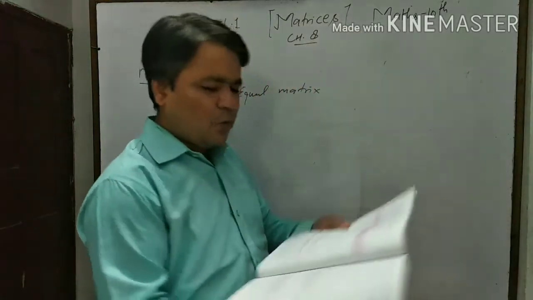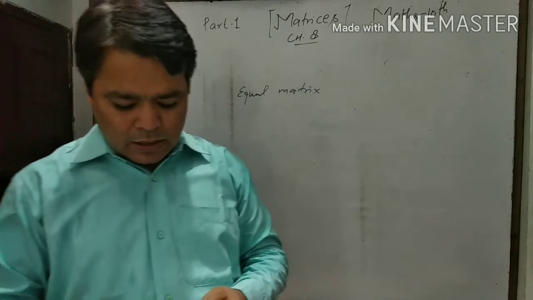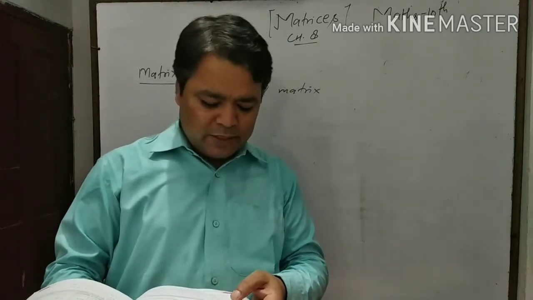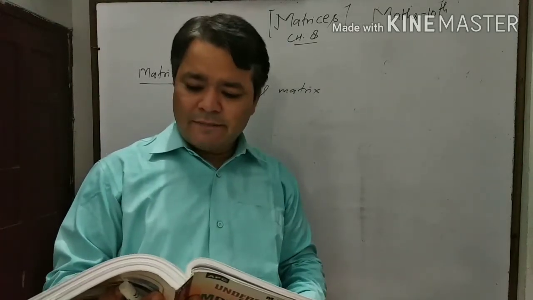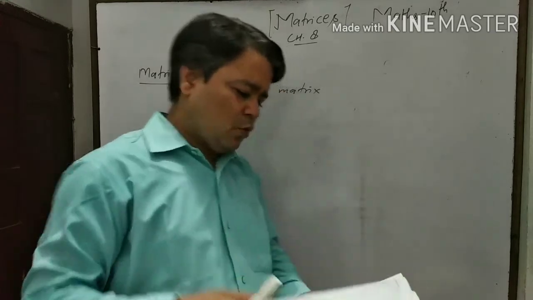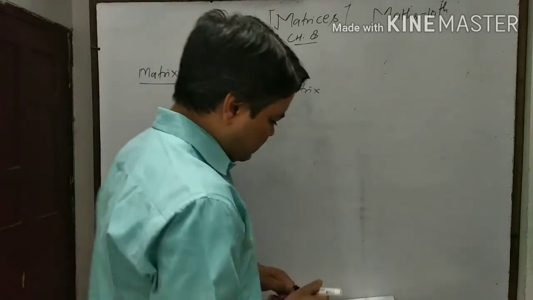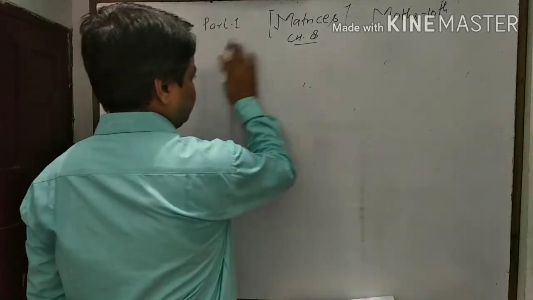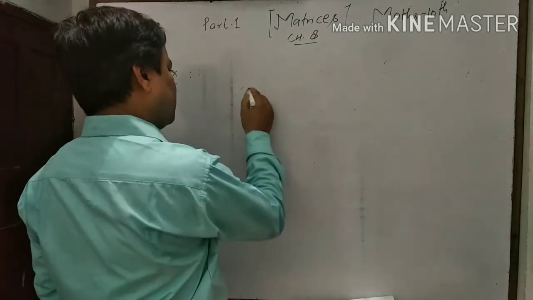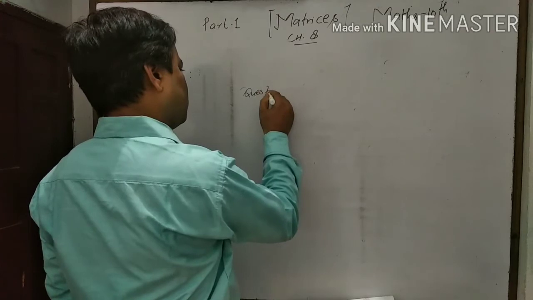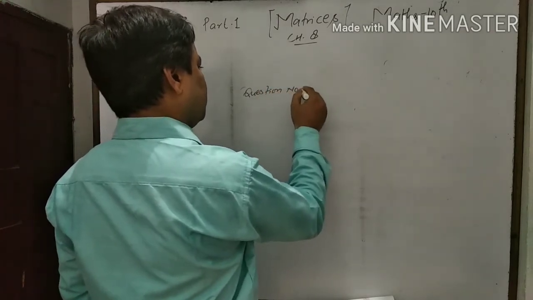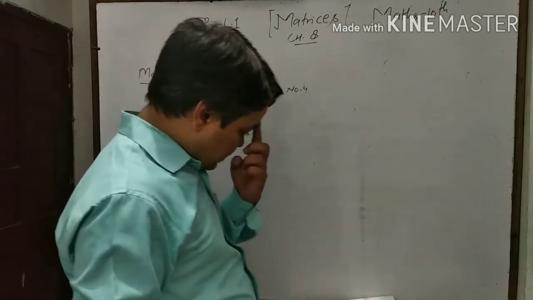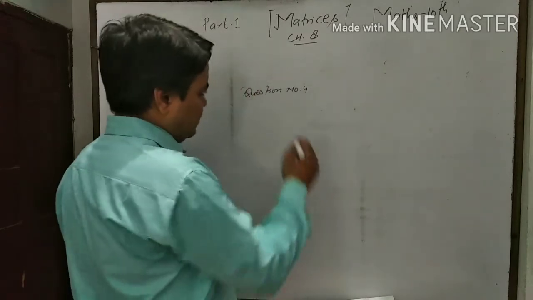Here, exercise 8.1. The first one, classify the following matrices. We will discuss that later. After that, let us see question number 4. It is mentioned, find the value of x and y.